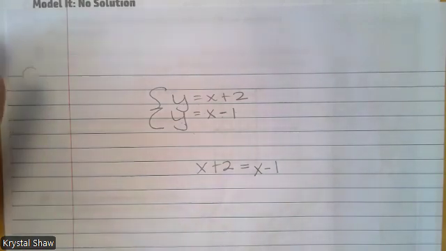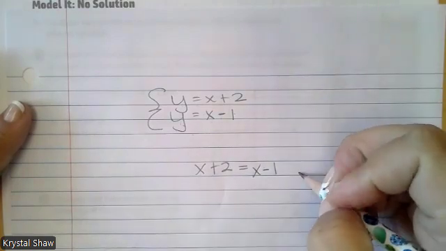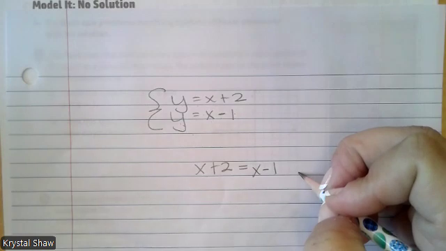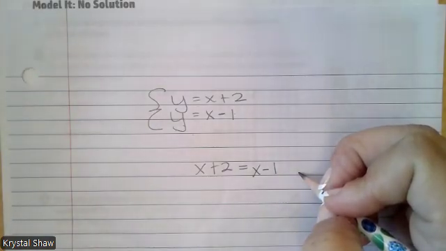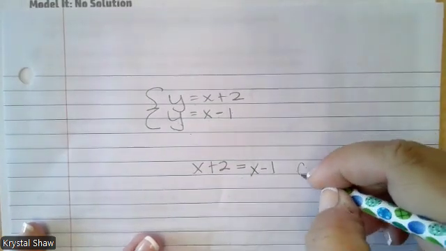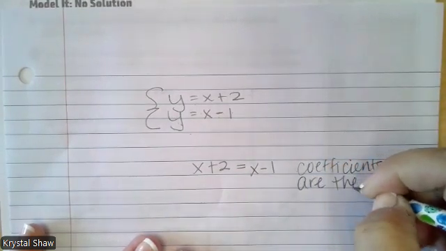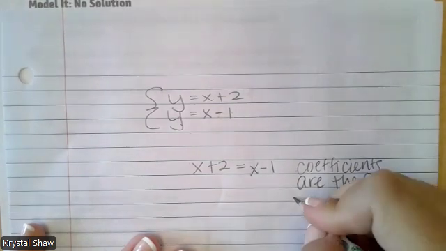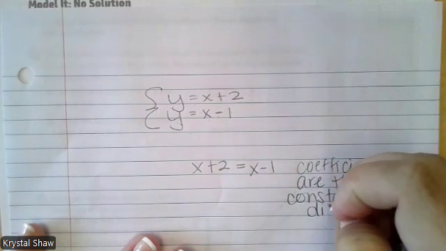When I do that, I have now taken my system of equations in two variables, and I've turned it into solving an equation in one variable, because I'm only left with x now instead of x and y. When I take a look at this one here, one of the things you will notice is that my coefficients are the same, and my constants are different.